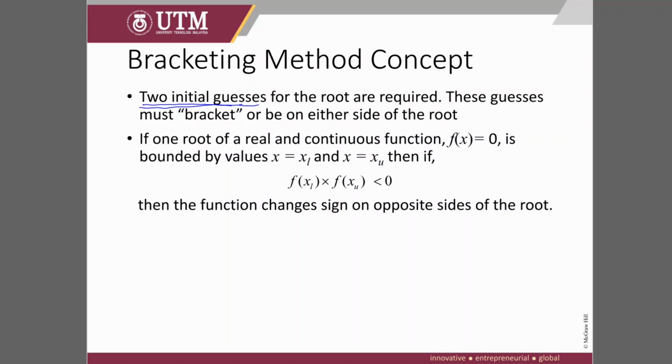For example, in our case, this is our c and this is our f(c), and we note that our root is somewhere here, 14 point something. In this case, we have to have two guesses, one on the left hand side of the root and the other on the right hand side of the root.